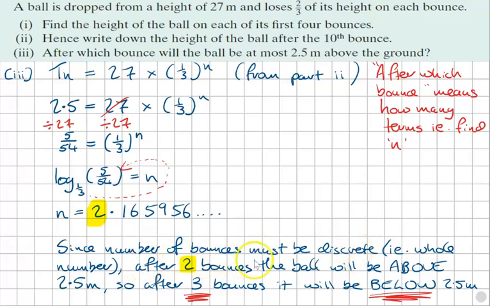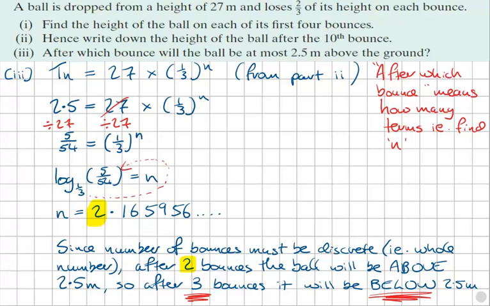So after 2 bounces, the ball will be above 2.5 meters. So after 3 bounces, it will be below 2.5 meters. And that's what we're interested in. We want to know when will the ball be at most 2.5 meters. So going no higher than 2.5 meters. So we're interested in when it bounces to a height that is below 2.5 meters.